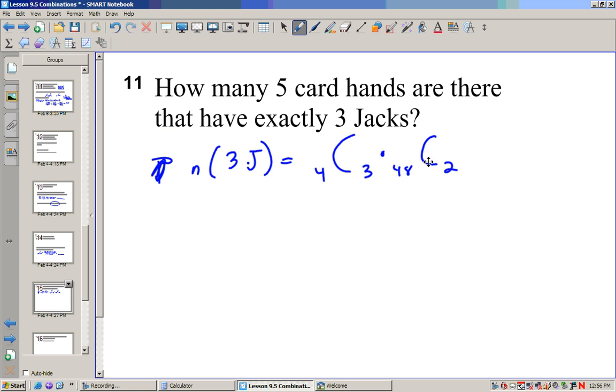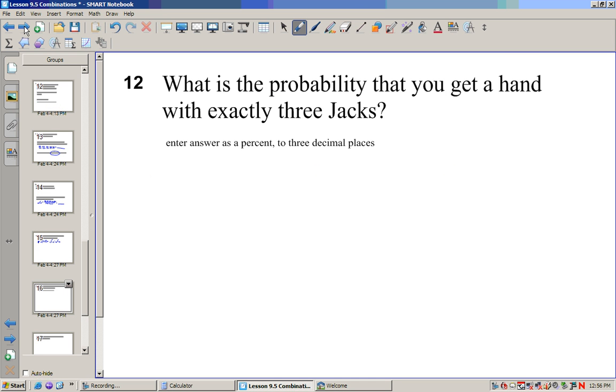So if I multiply those 2 numbers together, I'll find the number of ways that I can get exactly 3 jacks. Now what's the probability you get a hand with exactly 3 jacks? Well, we have to take our previous answer, 4 choose 3 times 48 choose 2, and divide that by 52 choose 5, the number of possible hands you can get.